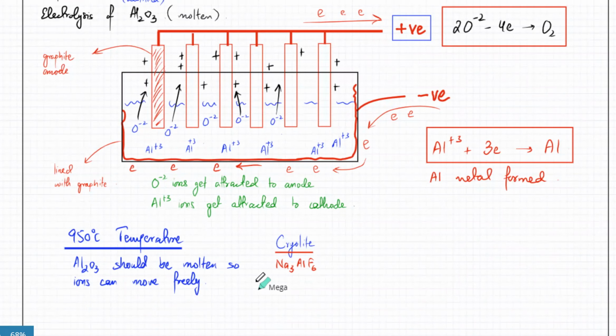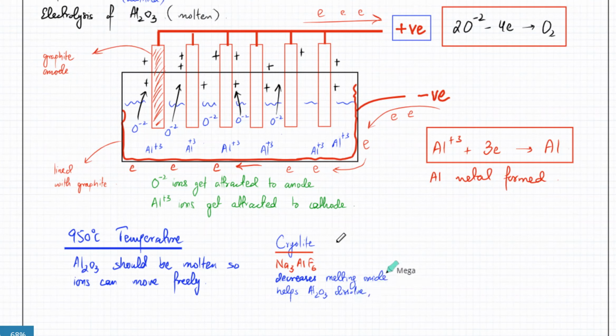So how do you make it molten? You make it molten by adding cryolite. Cryolite is a substance that decreases the melting point of aluminum oxide. It helps it dissolve so that the ions can freely move around.